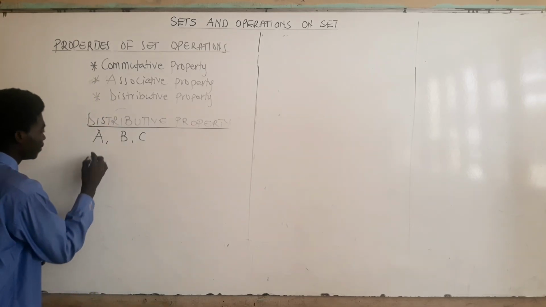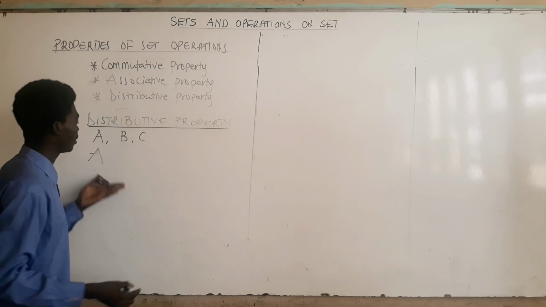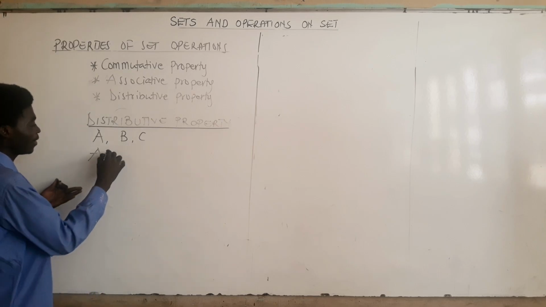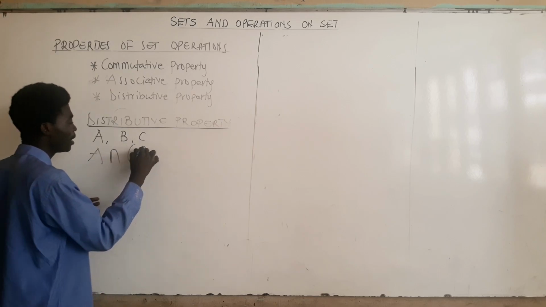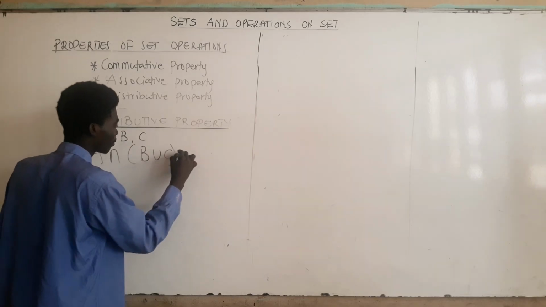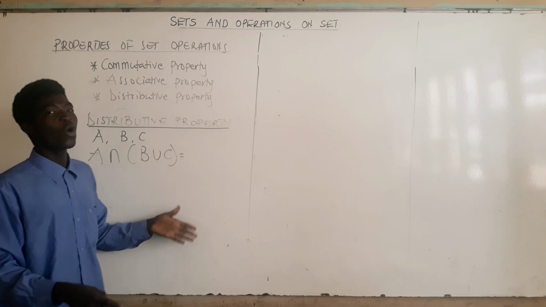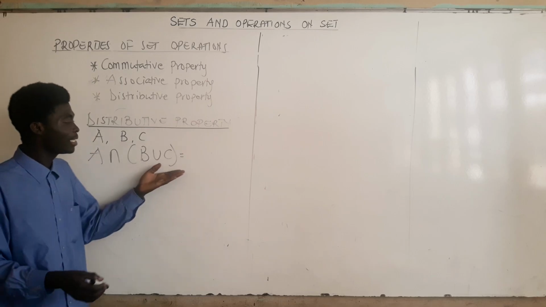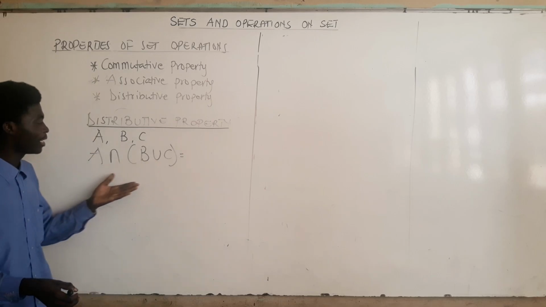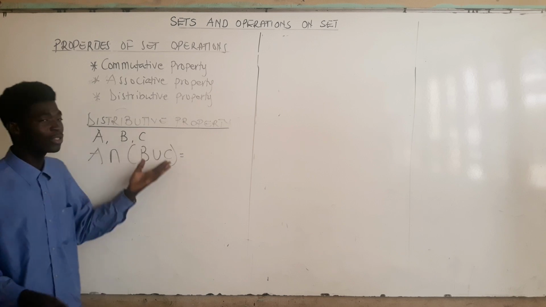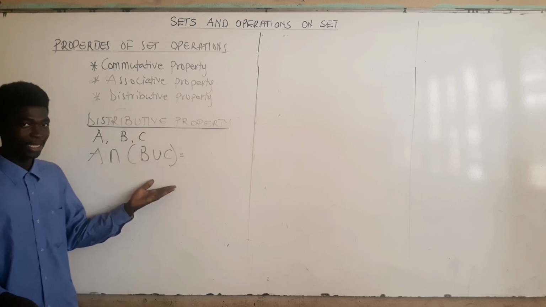So we have, let's say mathematically, A intersection B union C. The result you get for this should also be equal to, in this case, the intersection distributed over the union, as you can see.